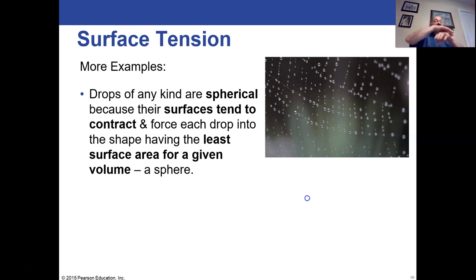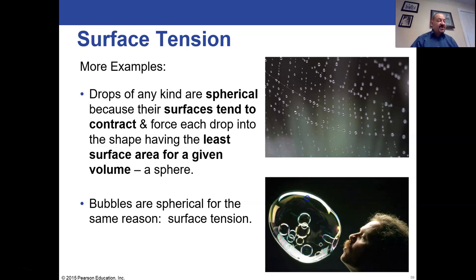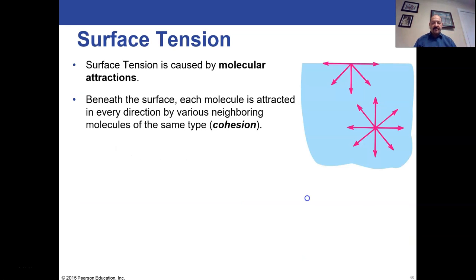Well, the shape that has the least surface area for a certain volume is a perfect sphere. Bubbles do the same thing. This is surface tension of the soap molecules interacting with each other to kind of pull themselves into a sphere as well.